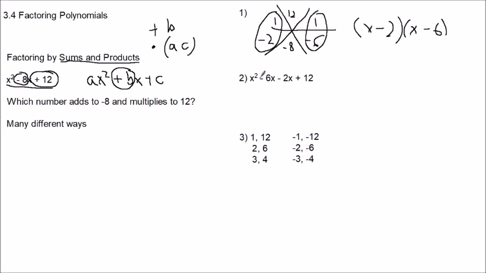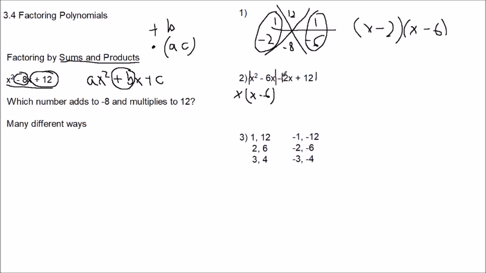Next, you could also separate these two numbers to try to factor by greatest common factor. In this case, it will be x squared minus 6x, which is x times x minus 6. You factor the first two terms, and then you factor the last two, and hopefully there's a greatest common factor between them.